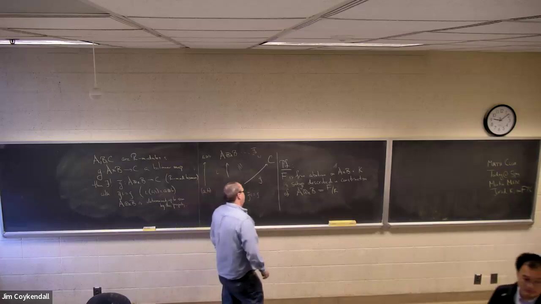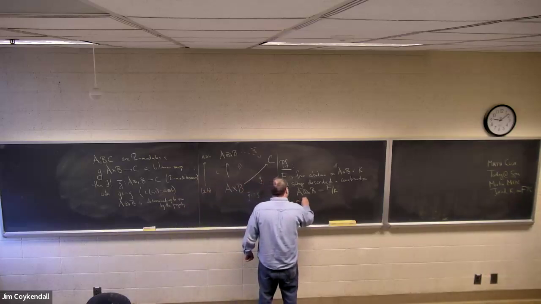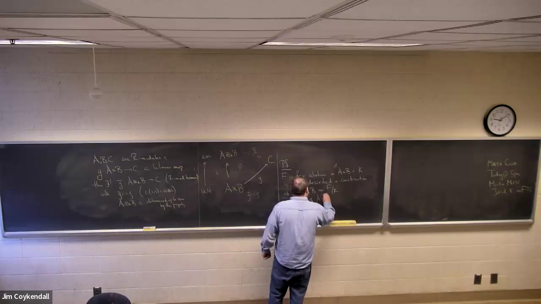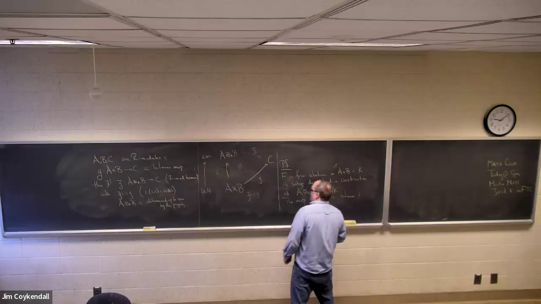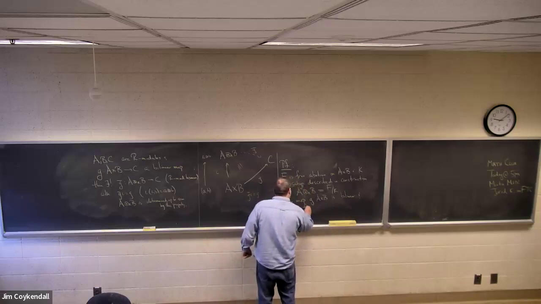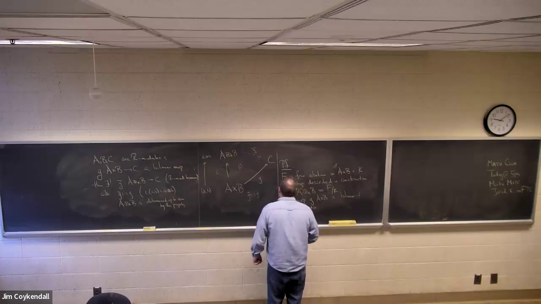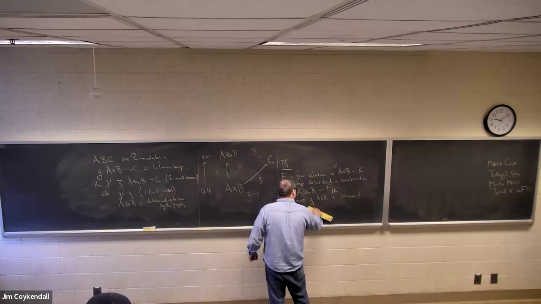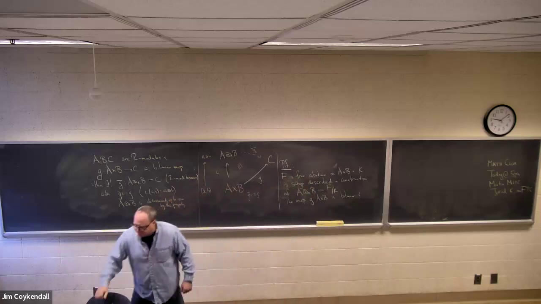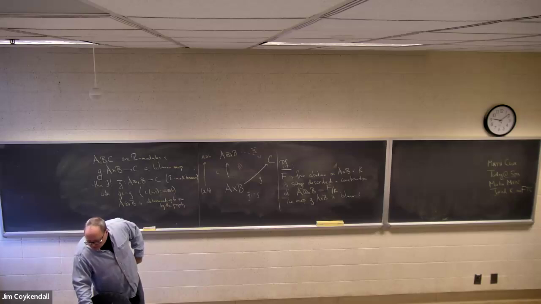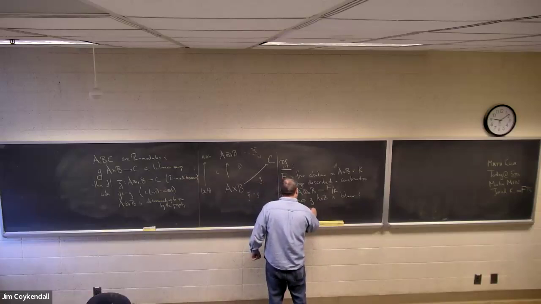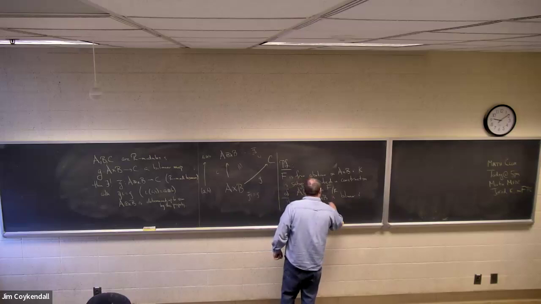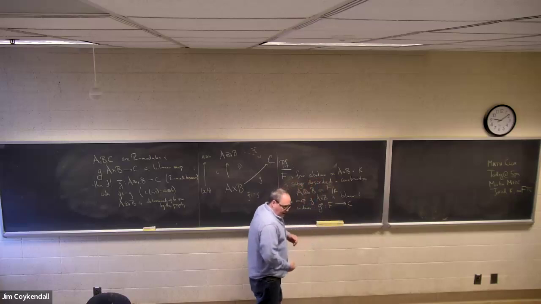Let me just say g induces a homomorphism, I'll call it g star, from F to C. This is why we needed the free abelian group business, right?